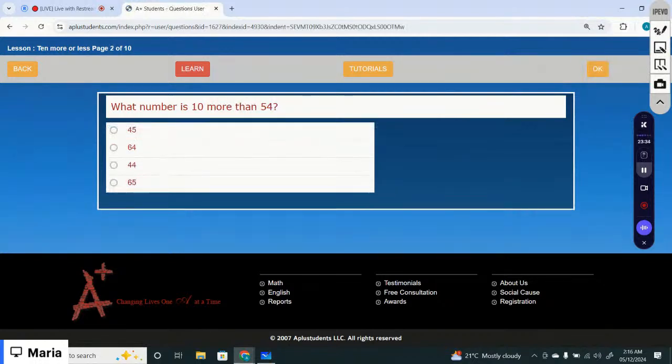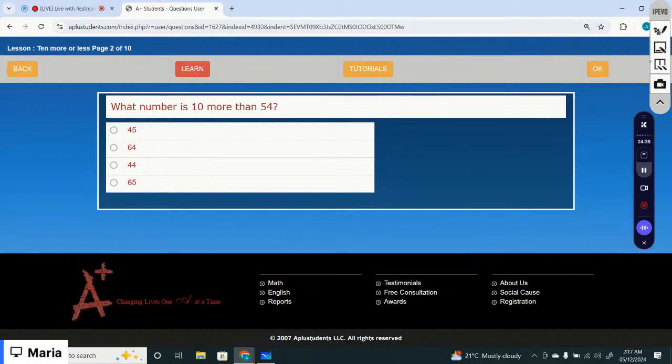What number is 10 more than 54? So you have to add. 10 more than 54 is 54 plus 10, which is 64.